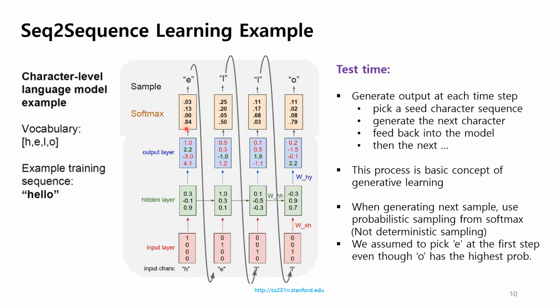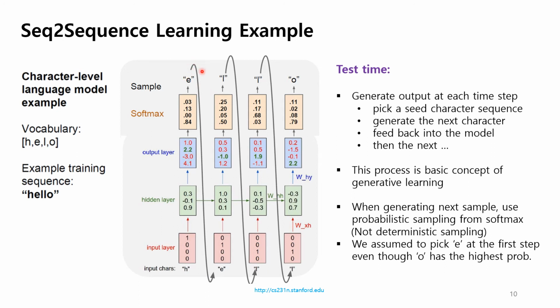O has the highest probability, so probably the letter O should be selected. But in this case, we assumed that for some reason the letter E is selected, with probability 13. Sometimes it can happen. So we assume that E is selected.